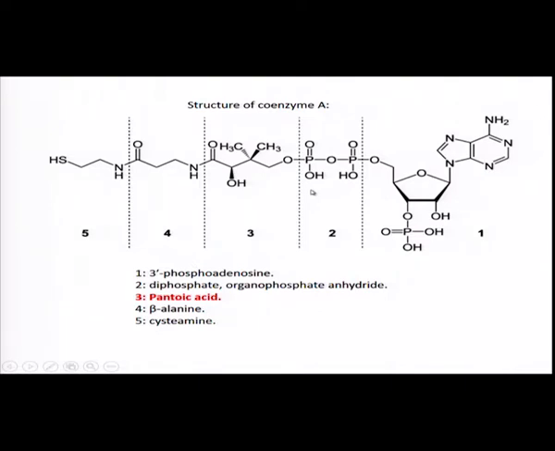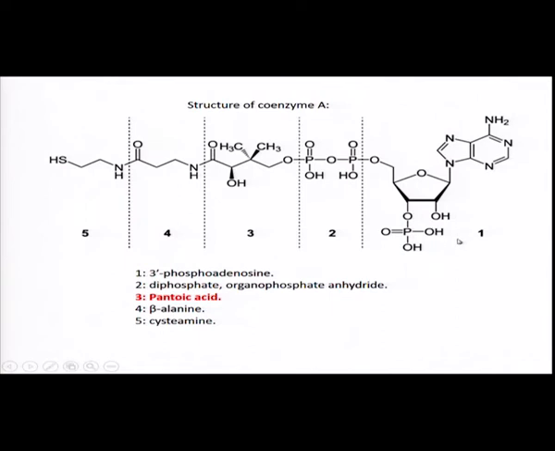You name it carbohydrate, protein, lipid metabolism, this particular compound coenzyme A in combination with acetate is the primary material, the starting material even in the citric acid cycle.